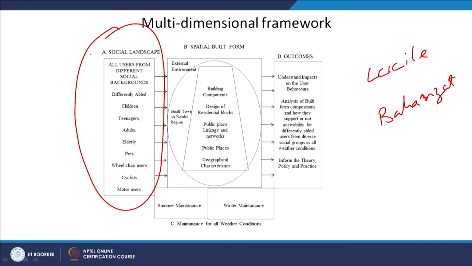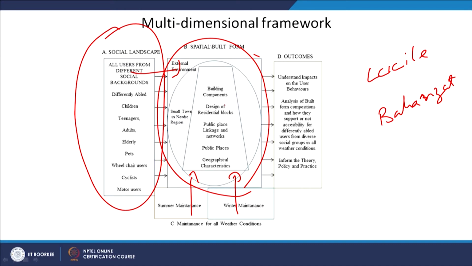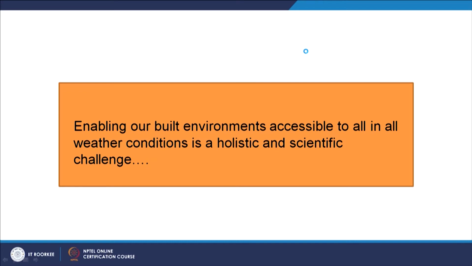On one side is the built environment component, and then there is the maintenance aspect, and how it is influencing this built form. On another side, how the built form is in correspondence with the social diversity. That's how we looked at the outcomes. So this is a framework which we started working on.